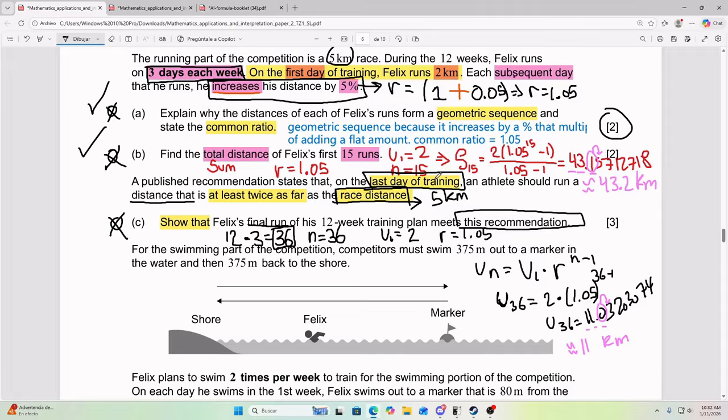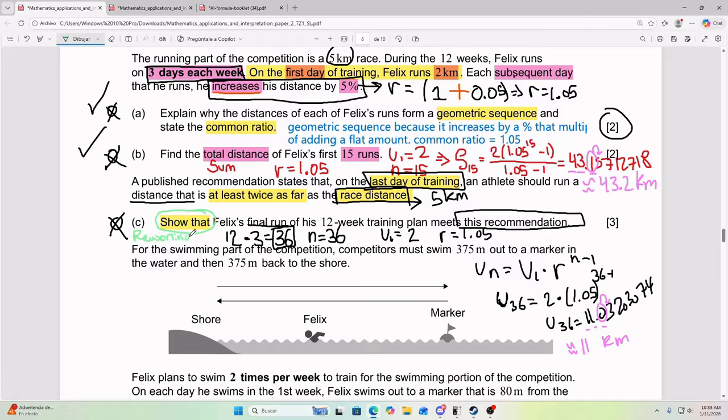However, reaching only this, it's not a mistake, but you're losing a point. What? How am I losing a point here? It's so obvious that 11 kilometers is twice as big as 5 kilometers. Yeah, but here, guys, it says show that. And so if it says show that, you gotta give me a reasoning.